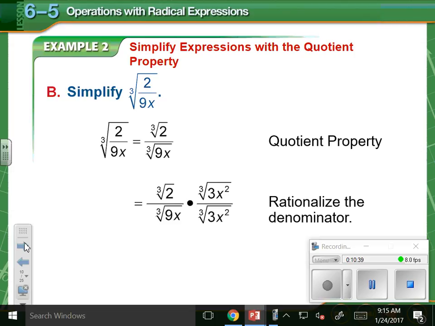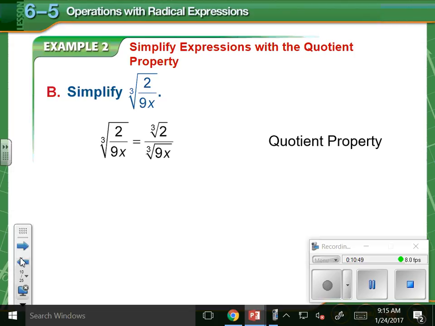If I multiply it by another 3, now the reason I'm doing this is because I can't have a radical in the denominator. Okay, if I stop with this answer, I have a radical in the denominator, and I can't have that. So it would be nice if under that cube root I had a 3 to the third and an x to the third.